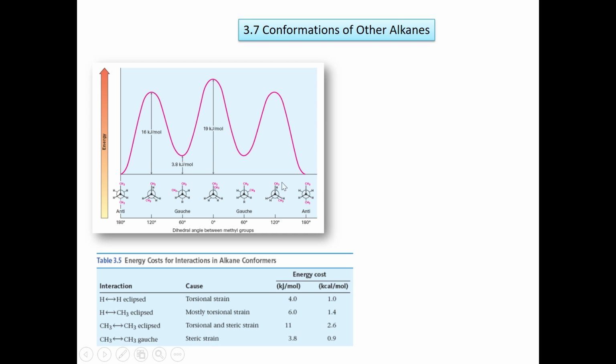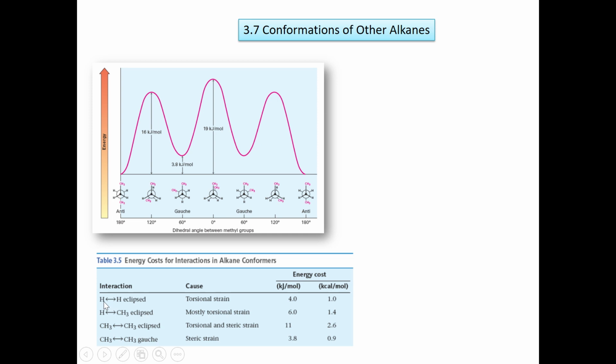Okay, so we know that the anti-conformation is the lowest energy possible, the syn conformation is the highest energy possible. And then if we want to do mathematics and calculate the energy, we can do it knowing the energy of the torsional strains and steric strains.